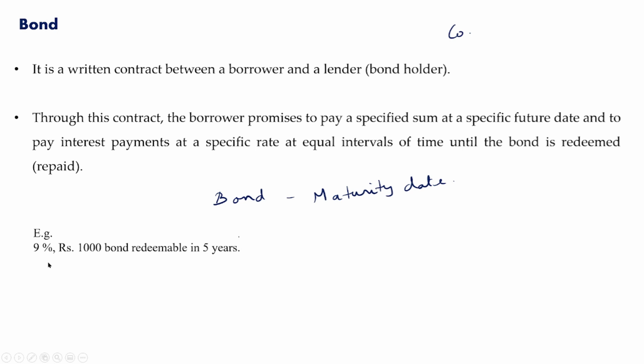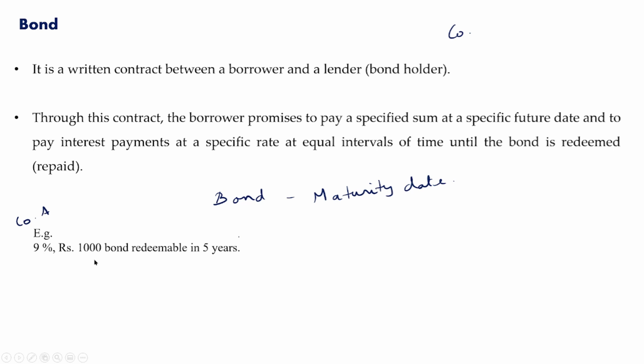So this is basically a bond. It is a written contract between the issuer and the bond holder. Now let me take a simple example to explain the definition of bond. Say there is one company, company A, issuing a 9% rupees 1000 bond redeemable in 5 years. Here the price of this bond is rupees 1000.